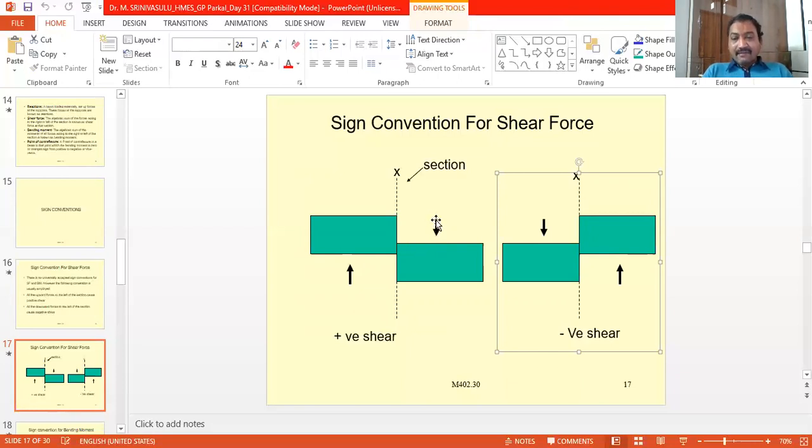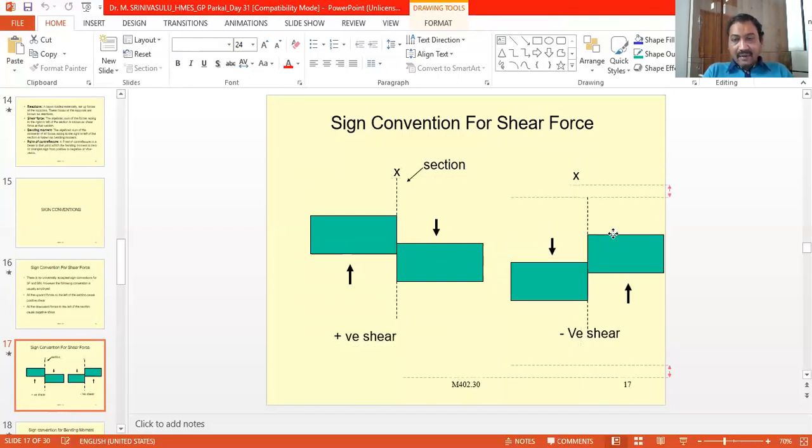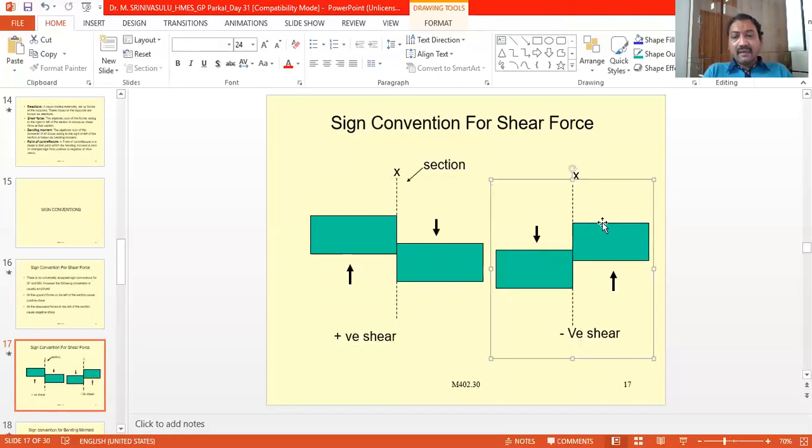To the right acting downward is positive and to the left acting upward is positive, and when to the right acting downward is positive, then to the right acting upward is negative.